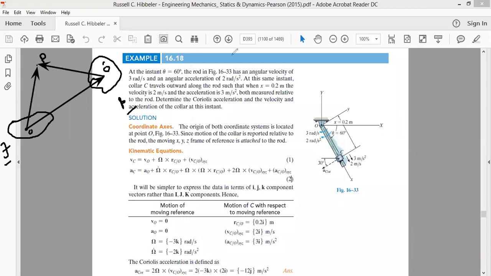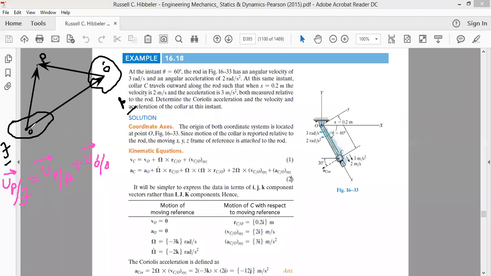The expression we wrote yesterday was: velocity of P with respect to the ground frame of reference, that is, with respect to a frame which is not moving, is equal to velocity of P with respect to a moving frame of reference, that is velocity of P with respect to beta, plus velocity of beta with respect to the ground frame of reference, that is velocity of O prime with respect to O. This is also velocity of beta with respect to ground, because O prime belongs to beta and O belongs to the ground.